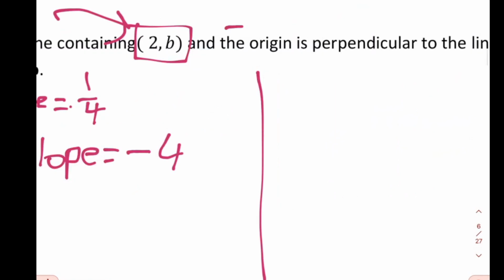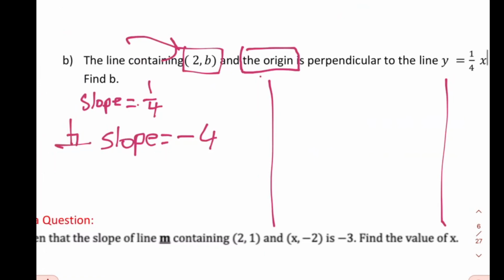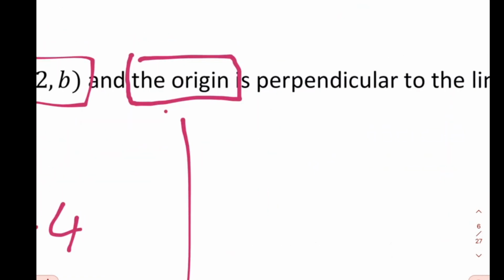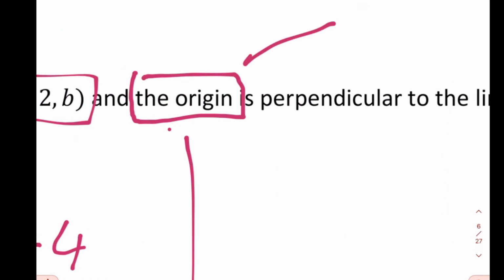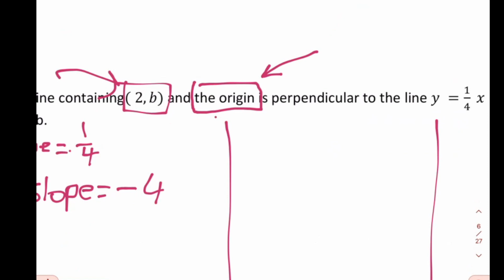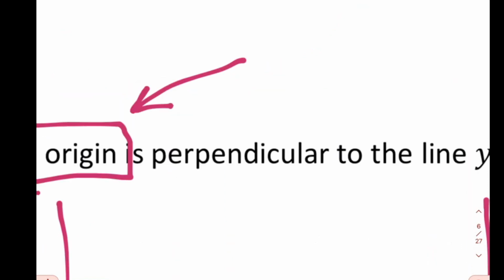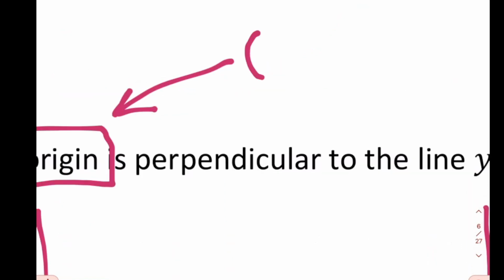This point is hidden. Oh, if you don't read the question carefully, you don't see. This line is passing through 2 points. You know, I stopped a little bit thinking, what is the second point? How can I solve this question with 1 point only? We need 2 points. This origin is dangerous. Sometimes they say origin, make sure you say it, and you say, this is 0, 0.